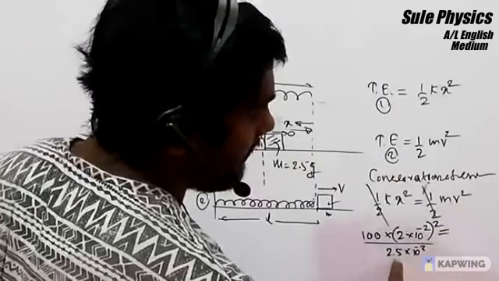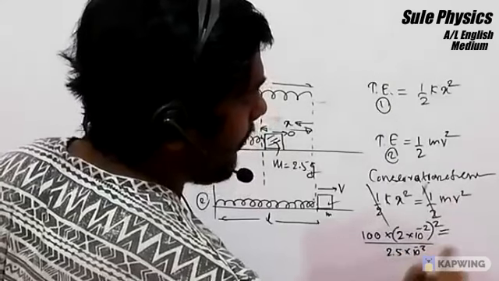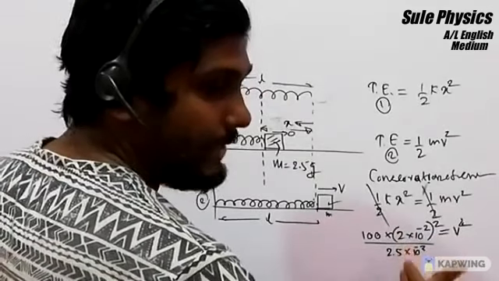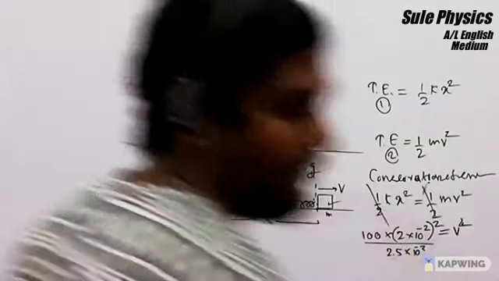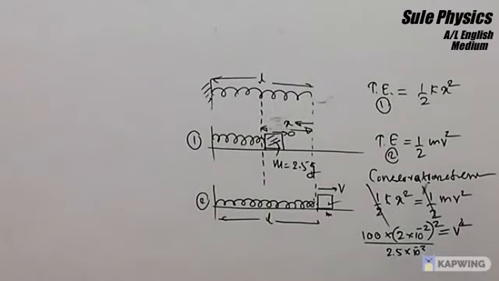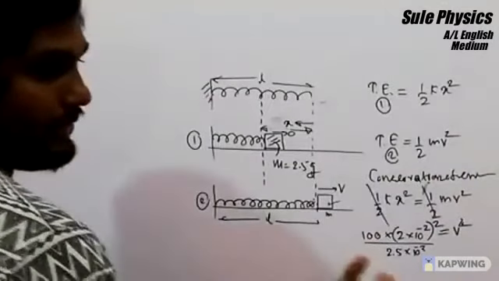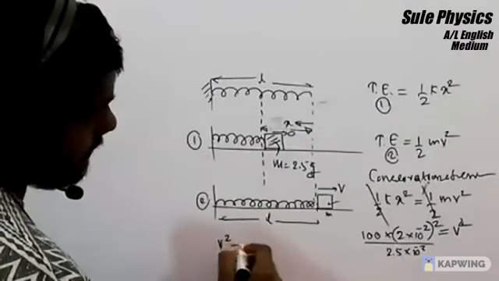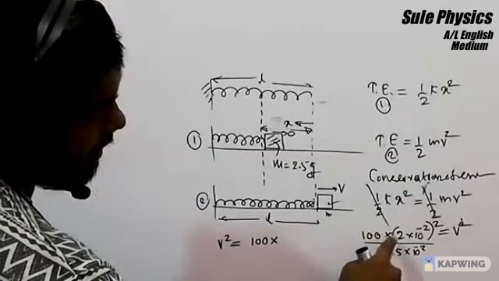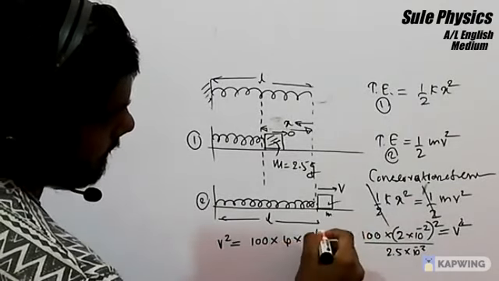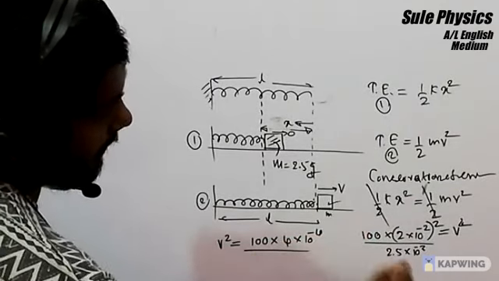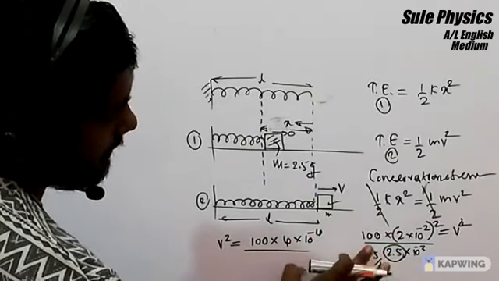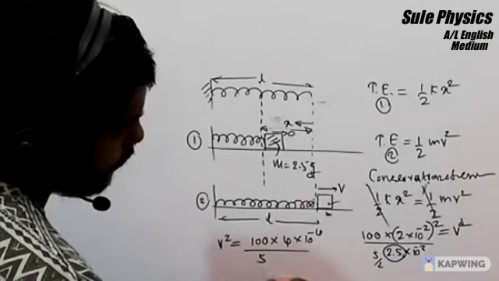I brought m down: 2.5 times 10 to the power minus 3 times v squared. Right, okay? If you simplify this, you would easily obtain the answer. Wait, 2.5 grams, okay. Then v squared is equal to 100 times 4 times 10 to the power minus 4. 2.5 can be written as 5 over 2, no? So therefore, 5 over 2, I bring 2 here.